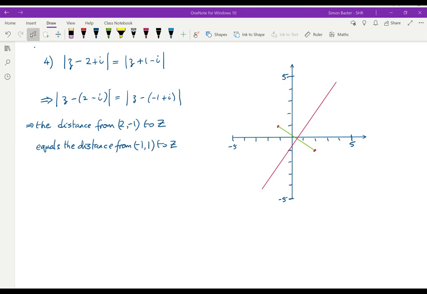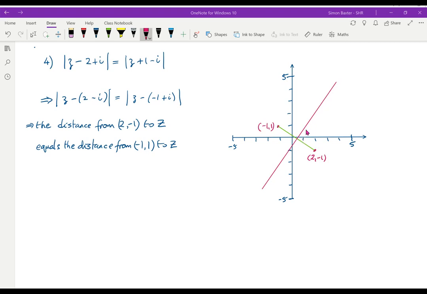One is the point (2, -1). The other one is the point (-1, 1). And so we could work out the gradient of the green line, the gradient, therefore, of the perpendicular line. So we have the gradient of our locus.